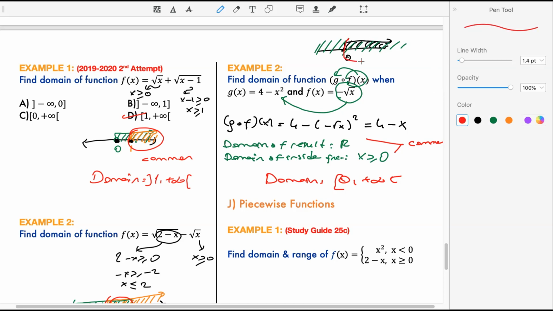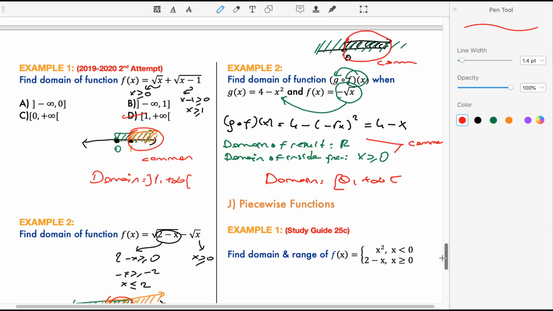So this is the common part. So 0 to infinity will be the domain of the composite function. So be careful for such questions. If it were a multiple choice, I am sure all real numbers would be in the options. But our answer is not all real numbers, it is 0 to infinity. So we always need to check the inside function when there is composition.